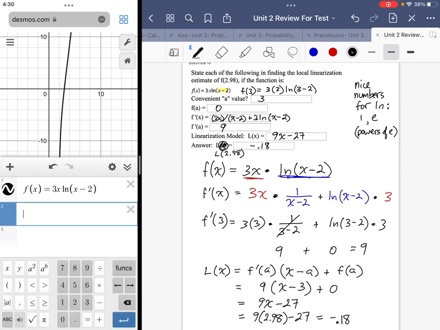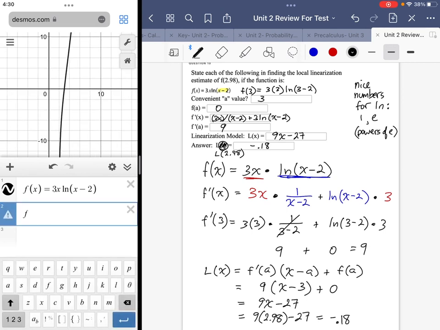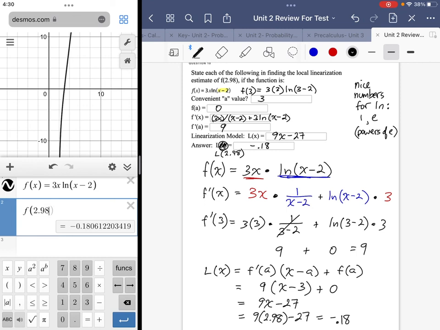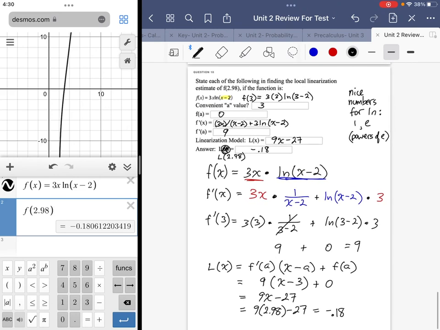All right, so that's what we're up against there. If I type in f of 2.98, I get something pretty dang close to the negative 0.18. All right, so we're in pretty good shape here.